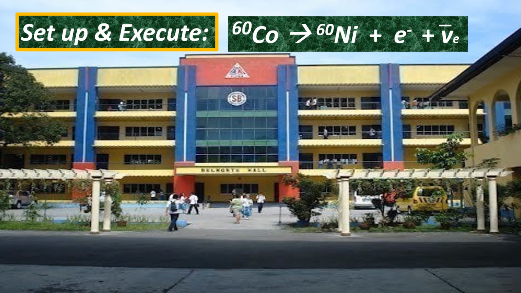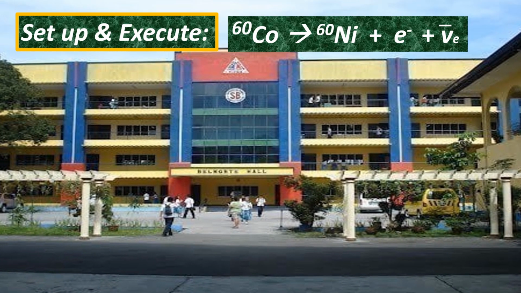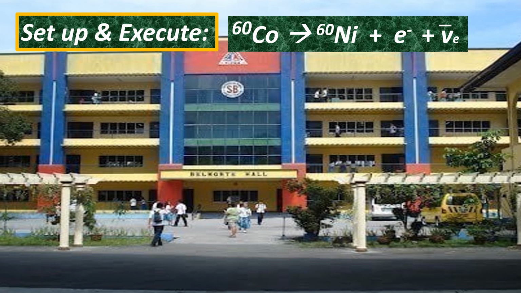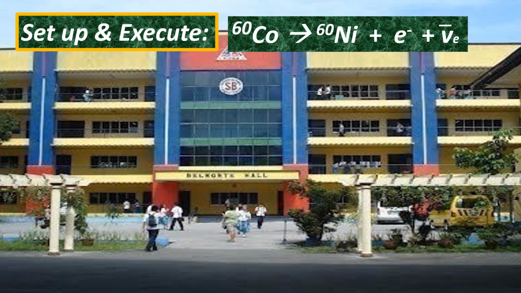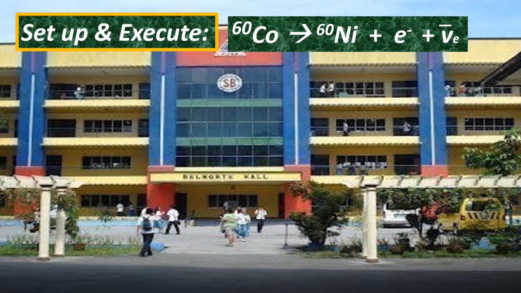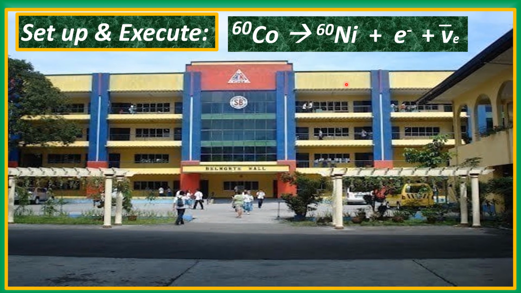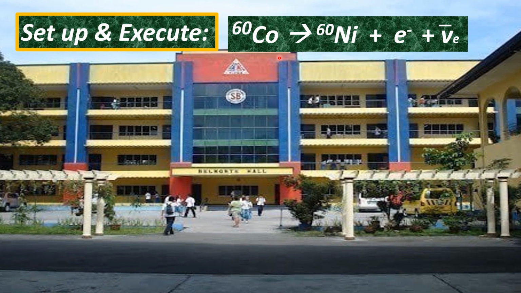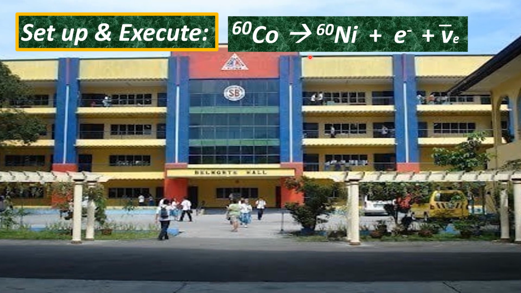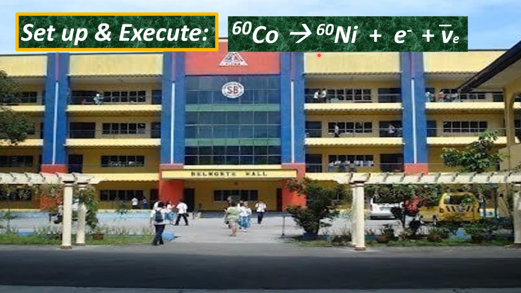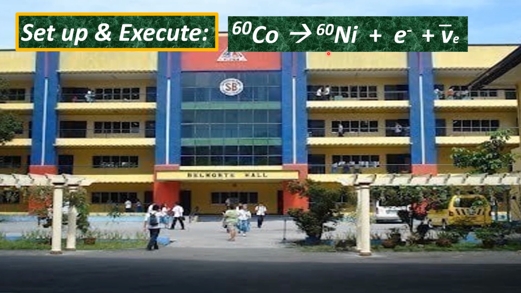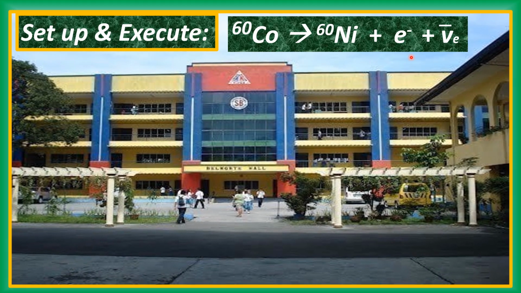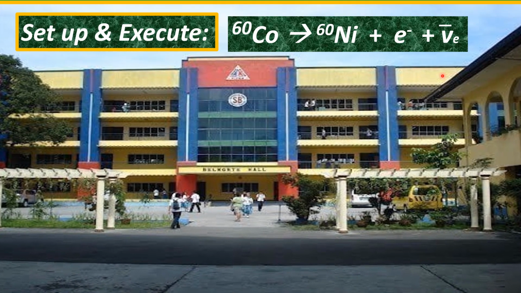The nuclear transmutation in bold here is shown in this equation. So cobalt-60 decays to the isotope nickel-60 by emitting beta minus, that is represented here by an electron, and an electron antineutrino.